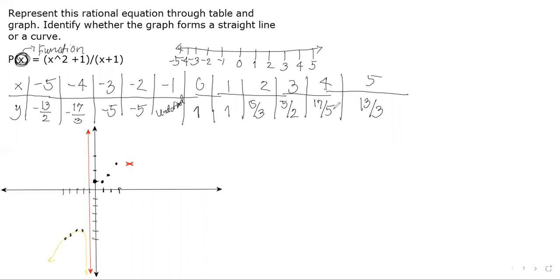Ayan. So next, 4, and then positive 17/5. 17/5 is 3.4. Pag multiply ka pala ng 5... Di ba, 17 divided by 5 is just the same as 17 times 1/5.